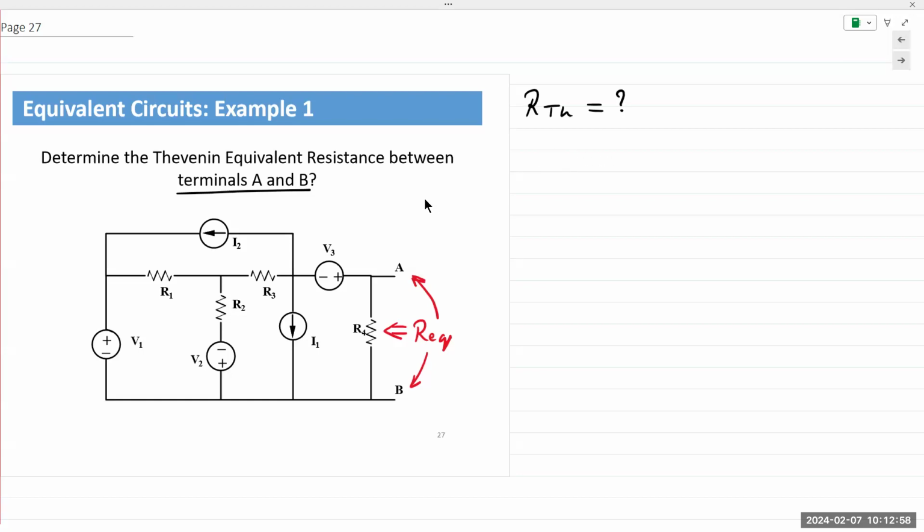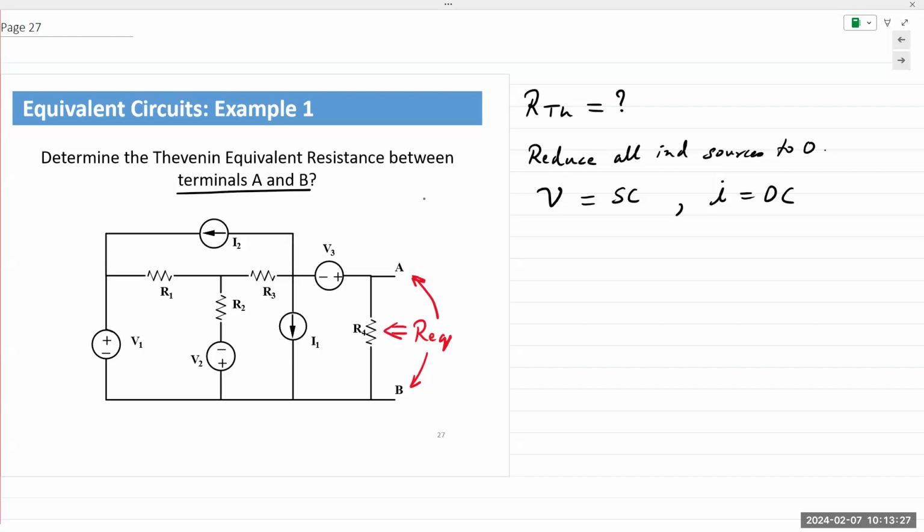Not replace, reduce all independent sources to 0, meaning replace our voltage sources with a short circuit and all current sources with an open circuit.